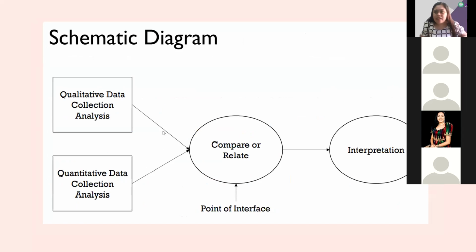So for the schematic diagram of doing a convergent parallel mixed method research design, you have here qualitative data, magko-collect ka. So example, mag-interview ka and then magko-collect ka din ng quantitative na data. Kagaya ng ginawa ng isang researcher, his study is about knowledge, attitude, and practices of the pharmacist, kasi pharmacy yun na study.